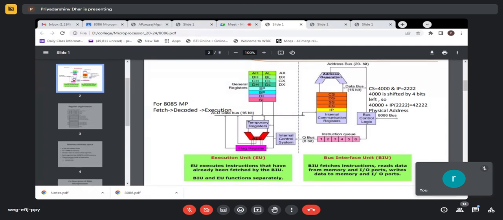Anyone just tell me what is pipelining architecture of 8086 microprocessor? The overlapping of instruction and execution. No, you have to explain in detail.